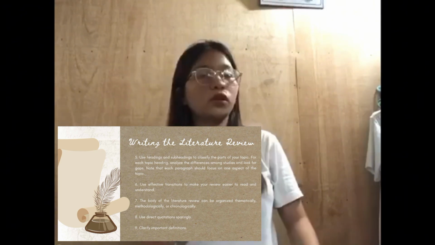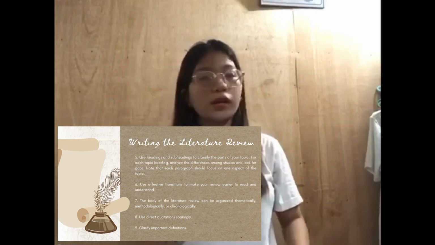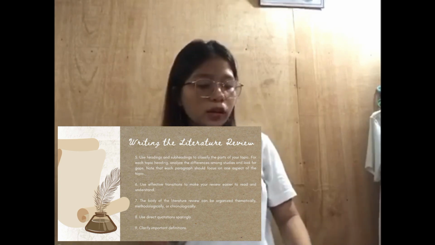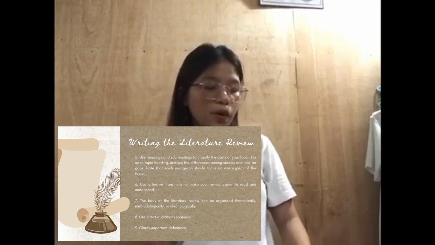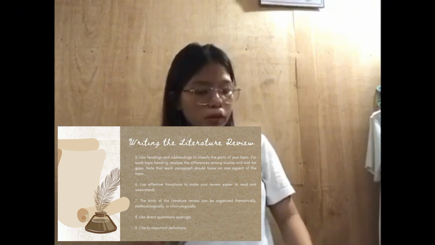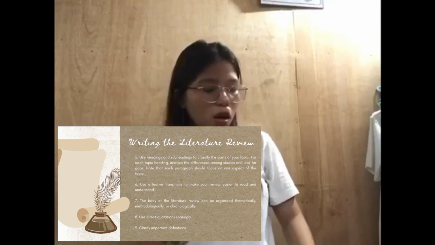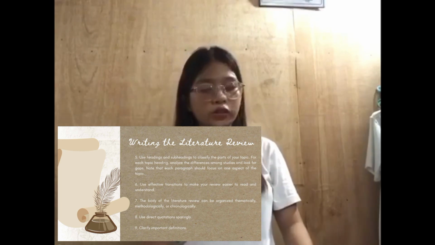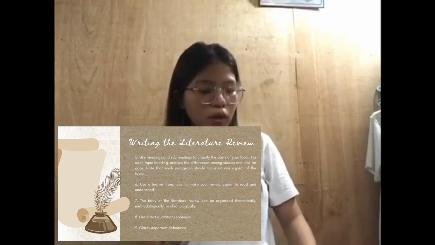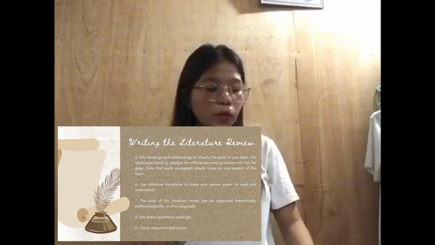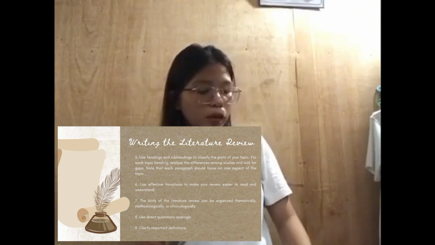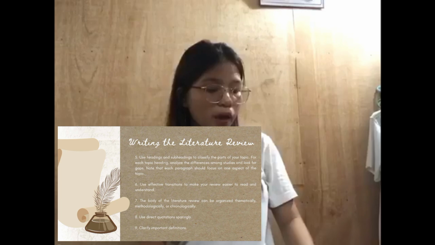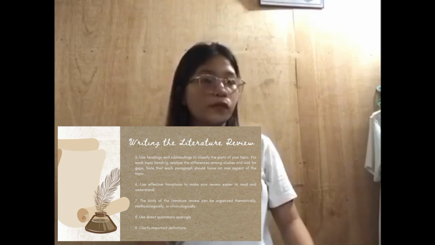Number 7. The body of the literature review can be organized thematically, methodologically, or chronologically. Choose an organizational structure for your review based on themes, methods, or the timeline of research. Example, thematically, this review will explore the themes of students' engagement, collaboration, and academic performance.